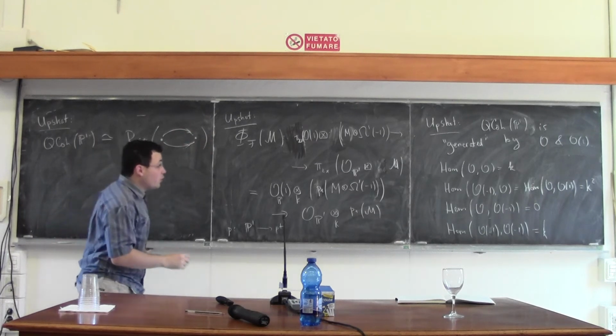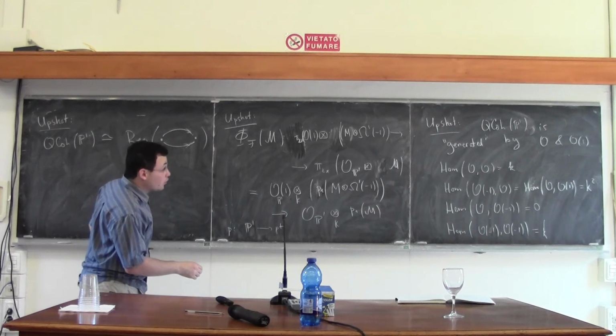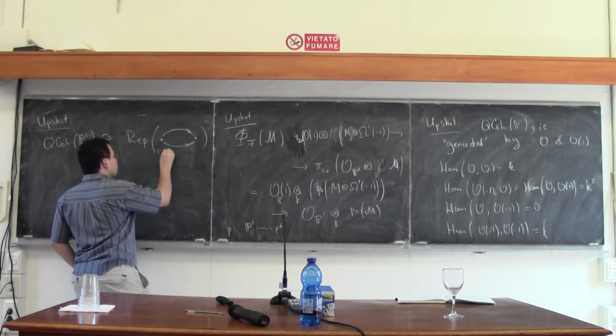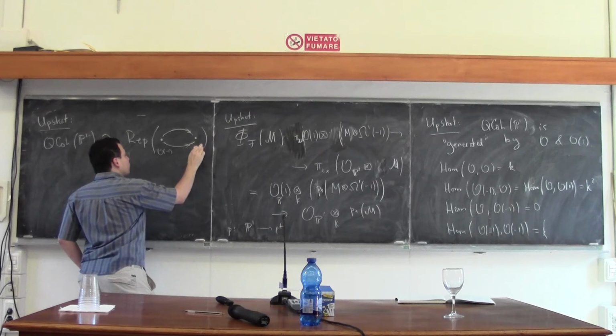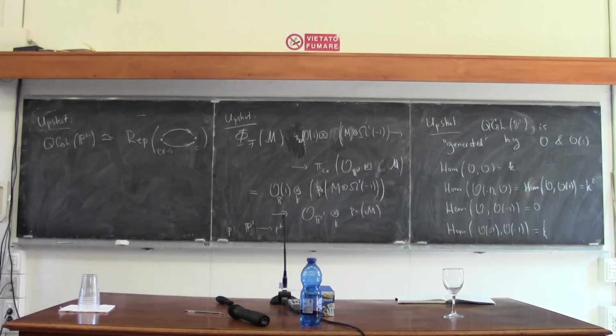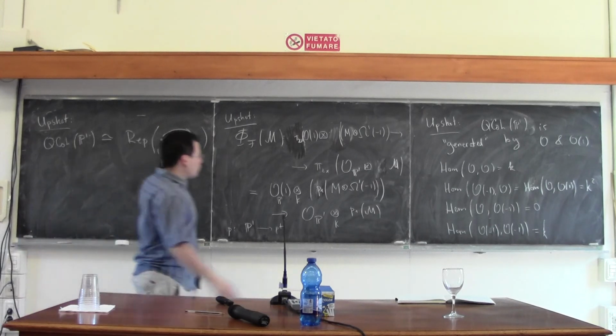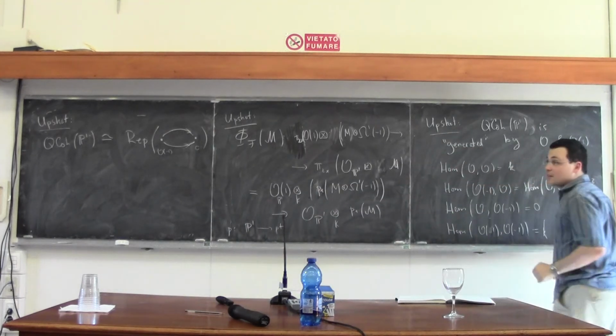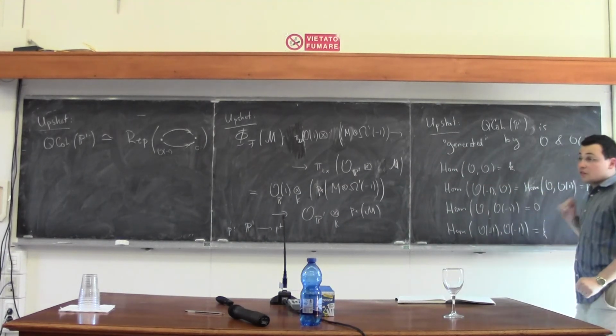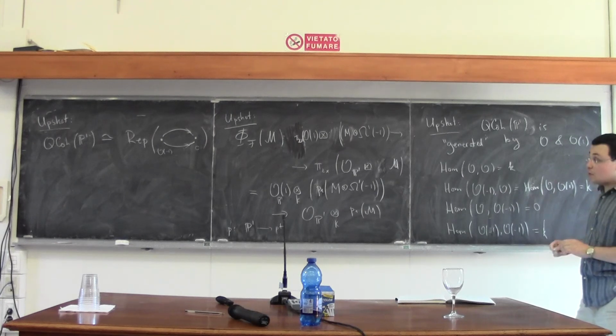Let me label this O(-1), and this is O. You see, at least, that the things in the representation satisfy this. Okay, I will stop here.